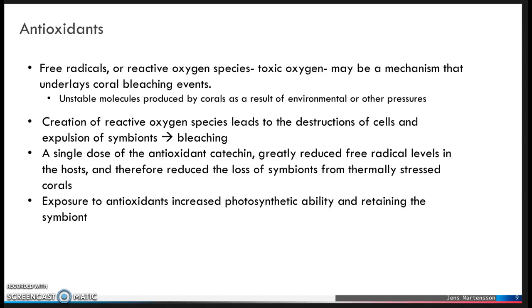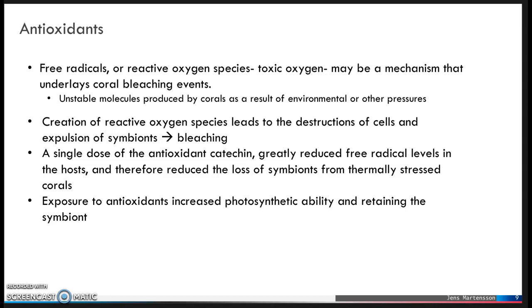Free radicals, or reactive oxygen species, are pretty much toxic oxygen, and they may be a mechanism that underlies coral bleaching events. They are unstable molecules produced by corals as a result of environmental or other pressures. The creation of reactive oxygen species leads to the destruction of cells and the expulsion of the symbionts, essentially bleaching.